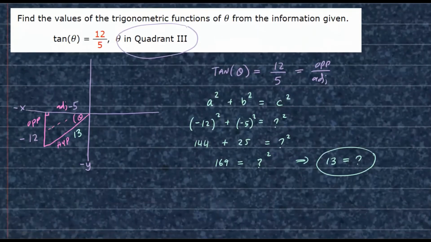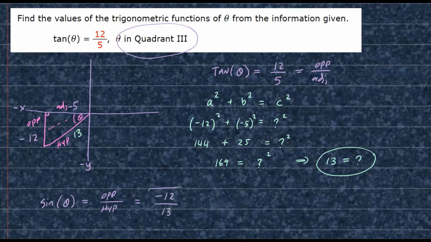Now let's find the remaining trig ratios. Once you complete the triangle, all the sides, then you can freely write down the remaining trig ratios. By definition, sine of theta is opposite over hypotenuse. In our case, our opposite is negative 12, and our hypotenuse is 13. So that will be the exact value for sine.